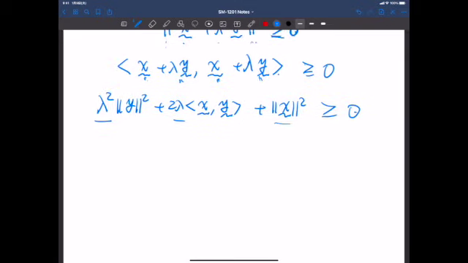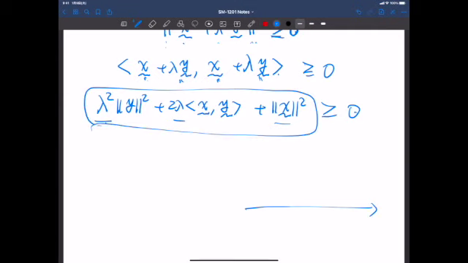So this inequality means that if we consider this as a quadratic form, then the discriminant of this quadratic form must be non-positive, right? If you plot this as a function of lambda, it's a quadratic function.